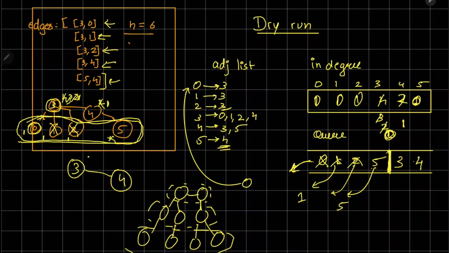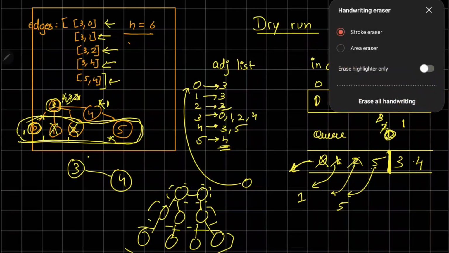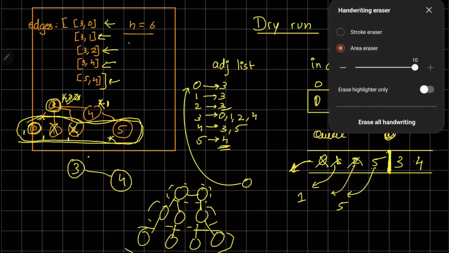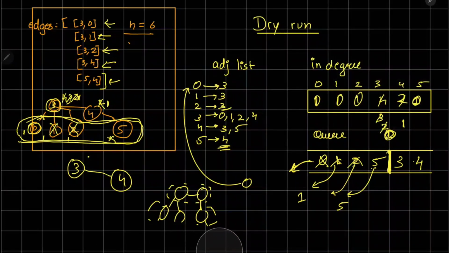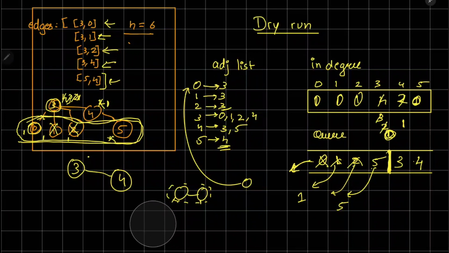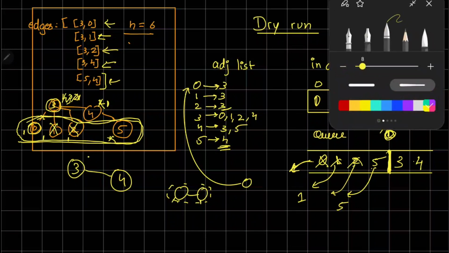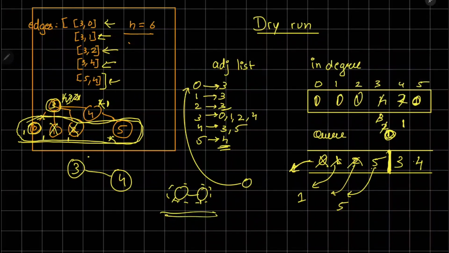So when you go and remove these level by level, leaf nodes first, then these, you will realize that you have now two nodes, and both will give us the minimum height, so we'll return these two nodes as the answer.